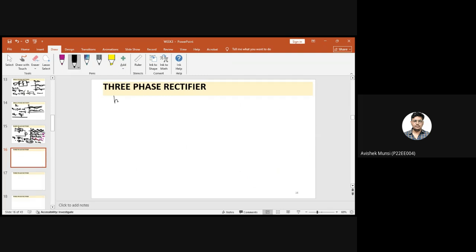So the V0 average we calculate for alpha greater than 30 degrees in case of R load for thyristor based, and it will be 3 by 2 pi, integration from 30 plus alpha to 180 degrees, Vm sin omega t dt. So if you integrate it, the average will be root 6 by 2 pi VL (1 plus cos(30 plus alpha)).